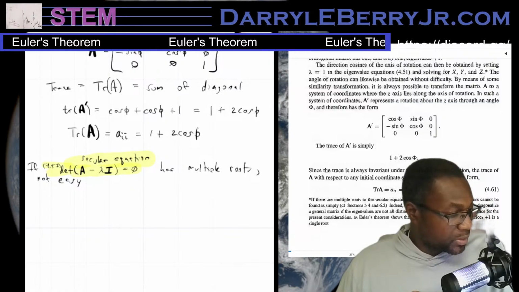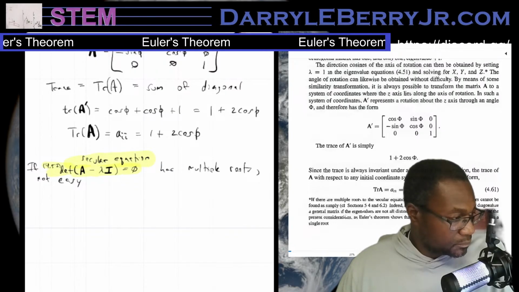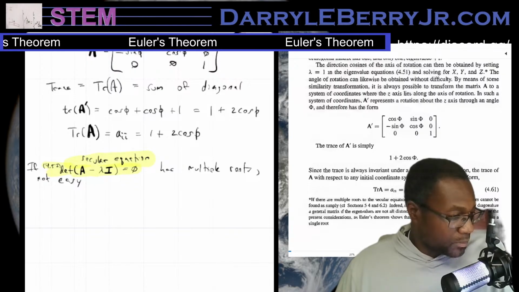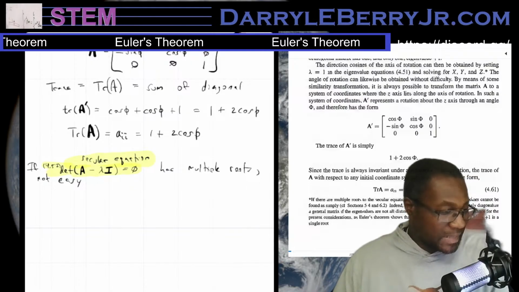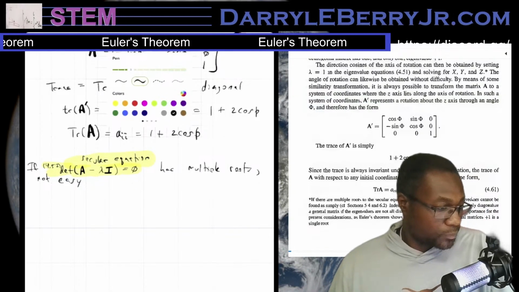Indeed, it is not always possible to completely diagonalize a general matrix if the eigenvalues are not all distinct. These exceptions are of no importance for the present considerations, as Euler's theorem shows that for all non-trivial orthogonal matrices, +1 is a single root.